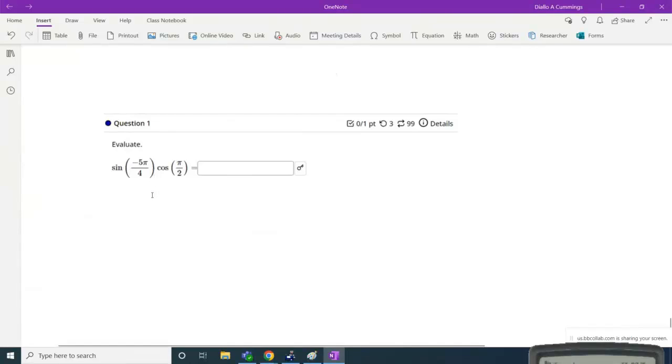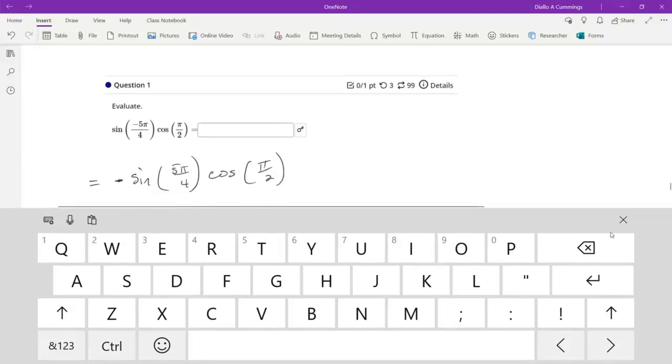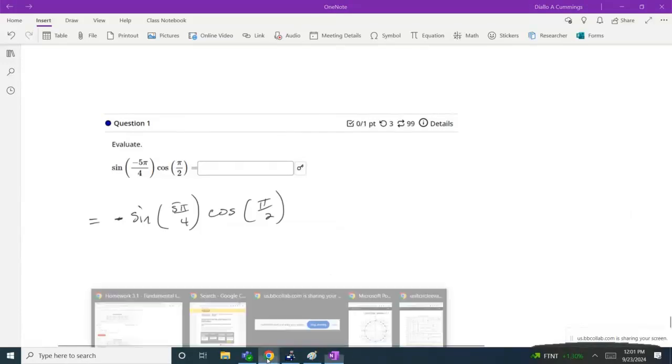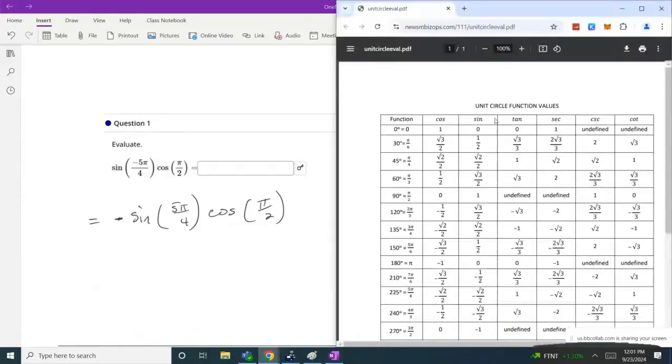I can write that as negative times the sine of positive 5 pi over 4, times the cosine of pi over 2. The reason I want to make sure this angle is positive is because when I use the unit circle function values, all of my angles are positive.